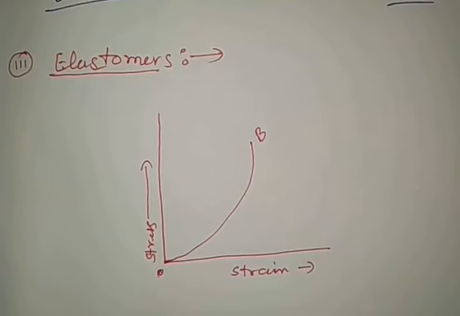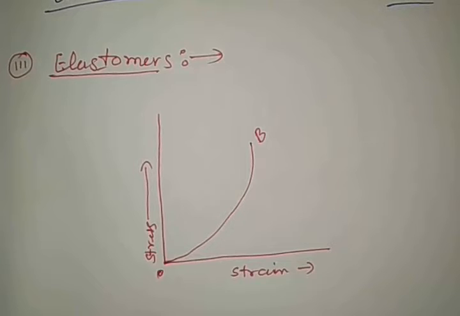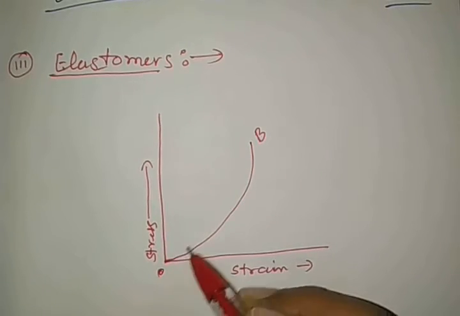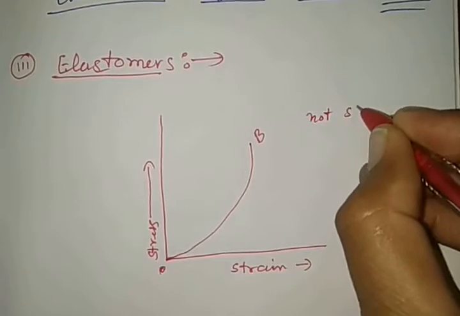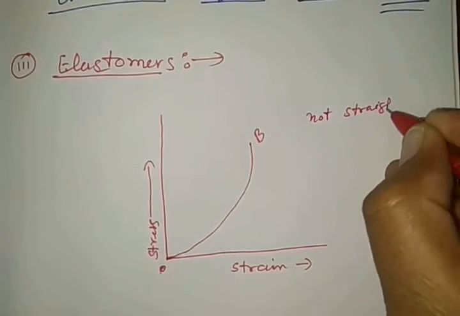Finally, we are going to look at elastomers, the third type of material on the basis of the stress strain graph. This is the stress versus strain graph of a material, and it is clear from the diagram that it is not a straight line.